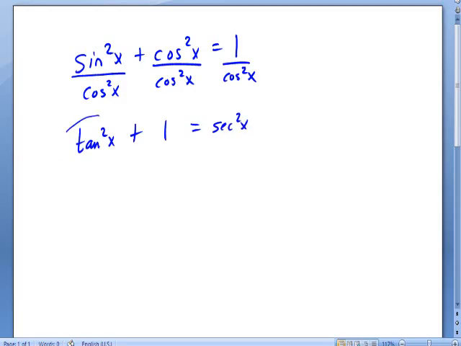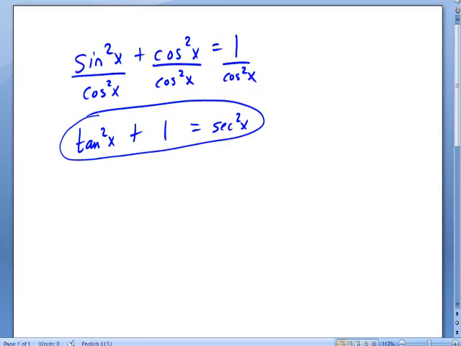And this is the identity we just proved on the previous slide. So this is another way that different identities are developed, is to once you have a few identities at your disposal, start doing things to those, manipulate them a little bit, and you can come up with new identities.